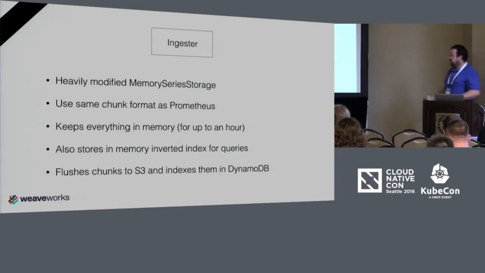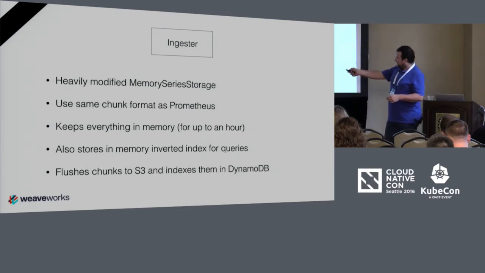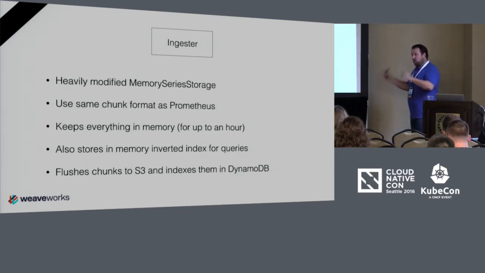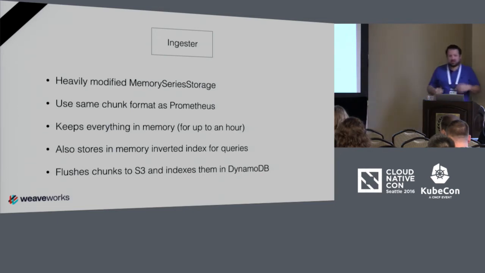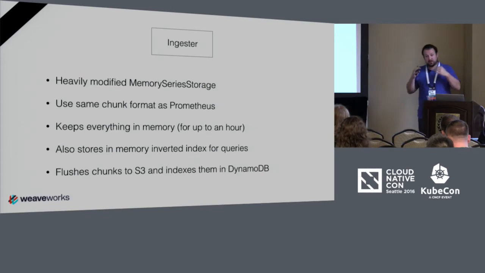It's absolutely fantastic. And again, this makes the system cost-effective to run. So the ingester keeps everything in memory for an hour. We limit the chunk sizes to 1 kilobyte or 1 hour, whatever we hit first. This is mainly in case we have an ingester failure, it limits the amount of replay and recovery we have to do.